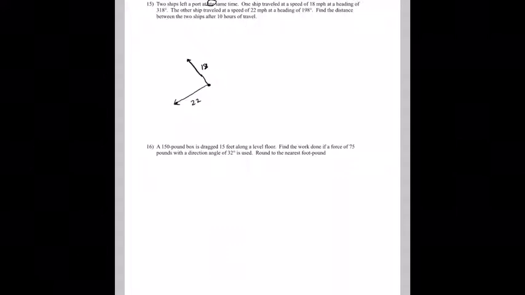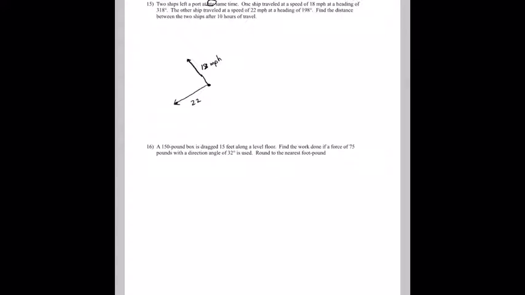Find the distance between the two ships after 10 hours of travel. Well, 18 miles per hour for 10 hours is 180 miles.